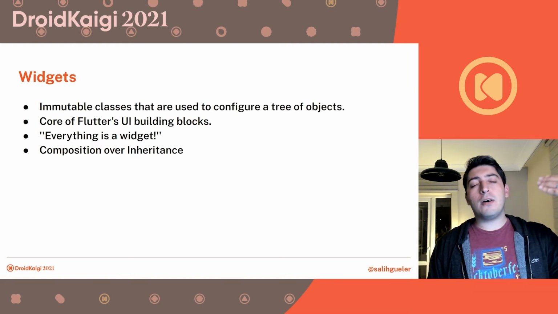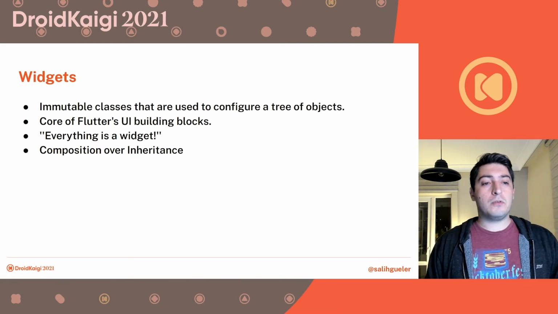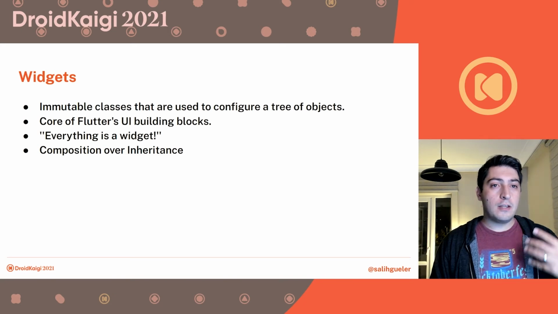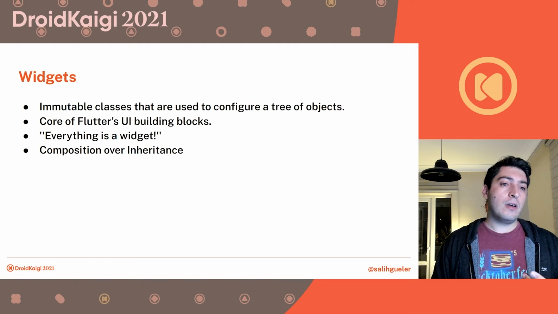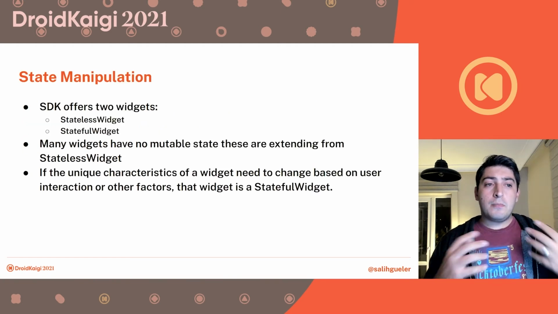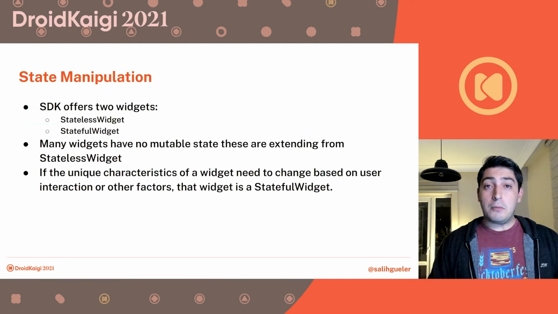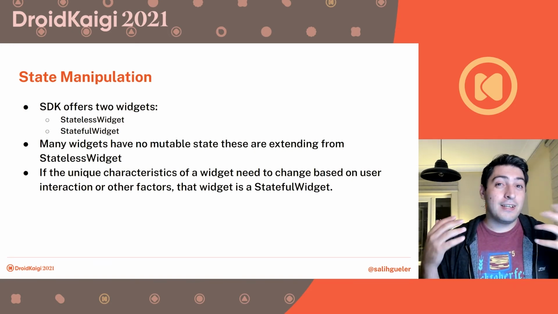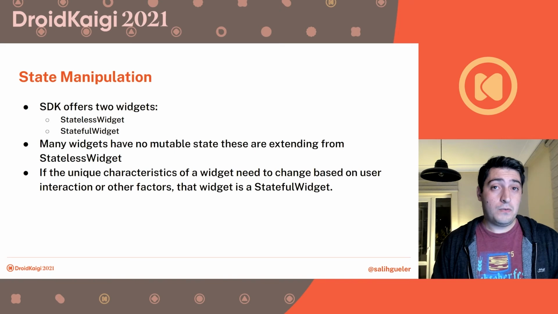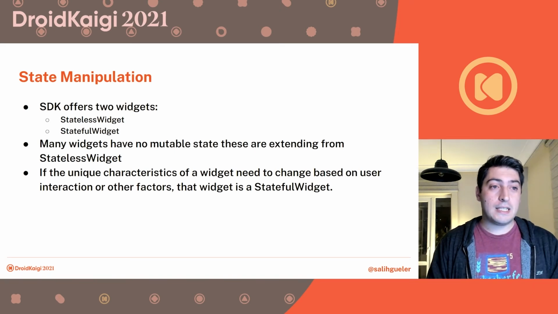But we talked about Flutter widgets being immutable, right? Why do we think that immutable widgets are really important? State management means that whatever you see on the screen can't be only static. We all know that apps are more complicated than that.